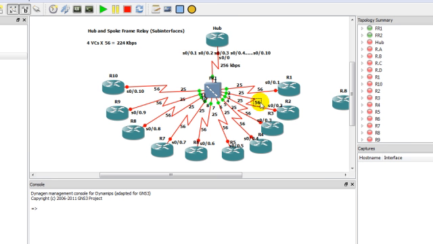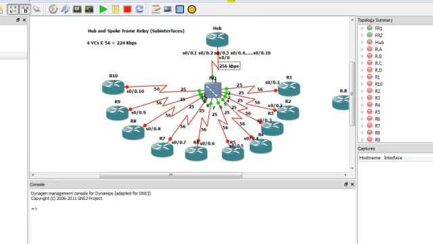Now let's suppose this is my scenario here. I have a hub router and 10 spoke routers, 1 hub and 10 spokes. I have the access line with 256 kilobits per second. This is my access line.